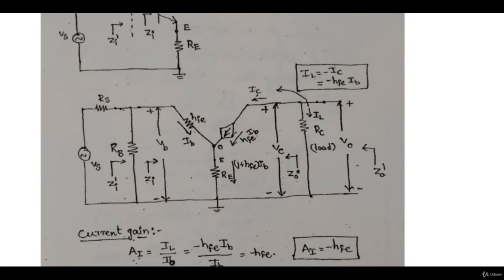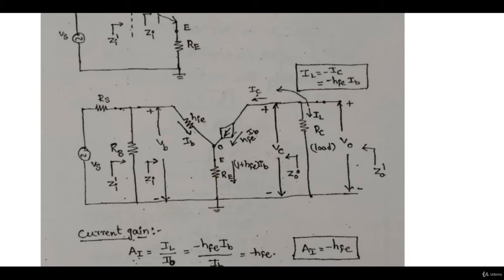This is the H parameter model of the transistor inside this box. This is the RE resistance. Now it will come into effect. Previously it was not there; there was nothing in this position without the RE circuit.